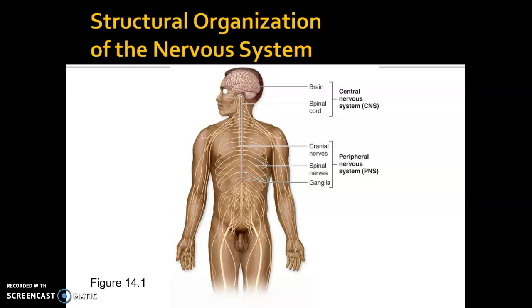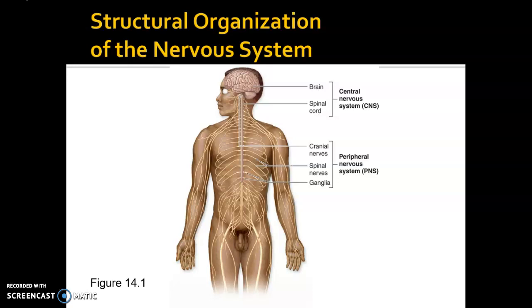So let's take a look. Here we see the brain and the spinal cord, which make up the central nervous system as we discussed. Then we see all these yellow cranial nerves and spinal nerves coming out, and they are part of the peripheral nervous system. We also see these knob-like structures labeled as ganglia.